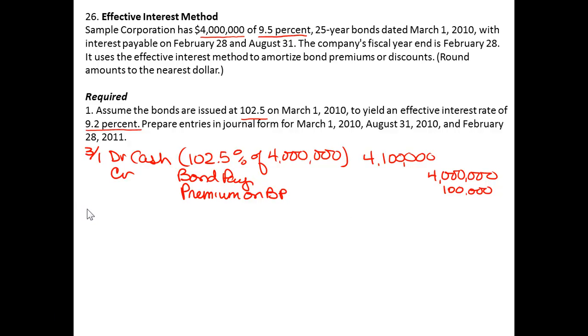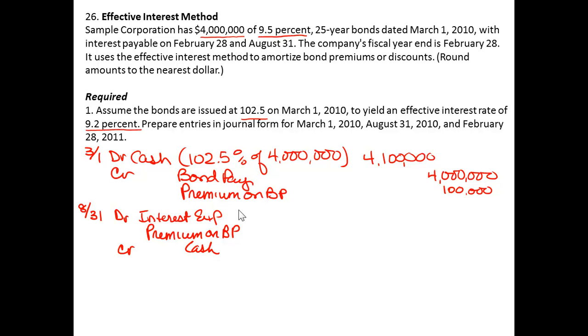Then on August 31st, our first interest payment, we will debit interest expense. We'll start amortizing the premium by debiting premium on bonds payable. And we'll credit cash since we need to send out a check.